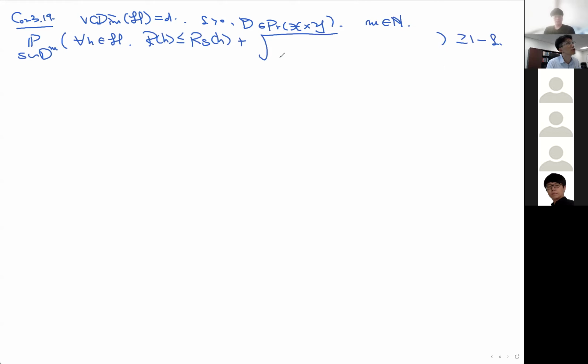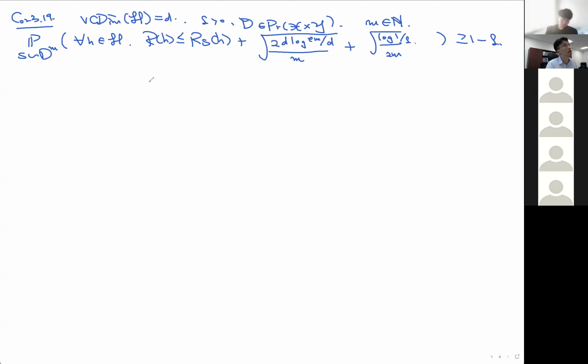The first quantity talks about the complexity measure of the hypothesis set, the VC dimension, which, moving things around, becomes like this: d n divided by d, plus n log 1 over delta. Okay, so that's the final conclusion.